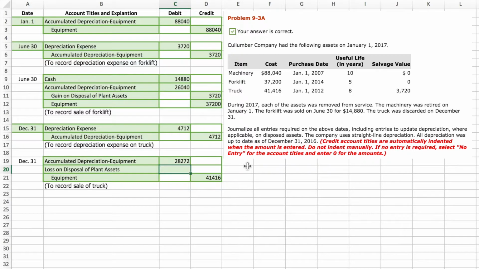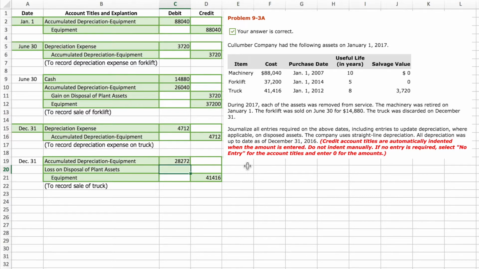And now you have to take this and figure out how much of a loss we received on the truck. Because we didn't use it for the full 8 years, we only used it for 6. There's basically 2 years of use that we didn't get out of it.